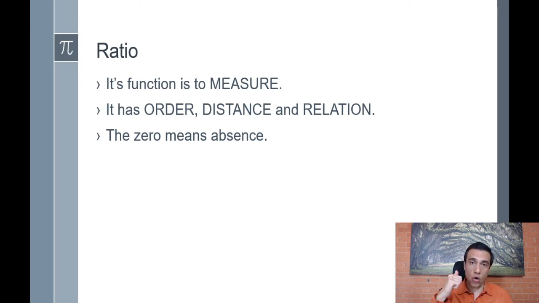It has order, it has distance, but also it has relation. It can be related between the different measurements that we are doing. And it has an absolute 0. 0 means you don't have that characteristic. You don't have that attribute of what you are measuring.